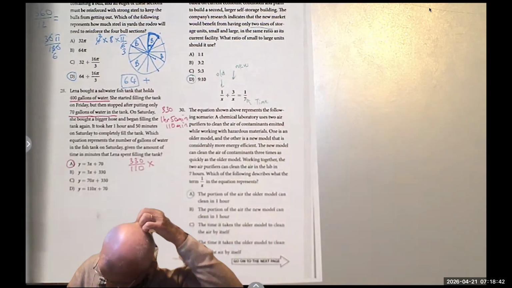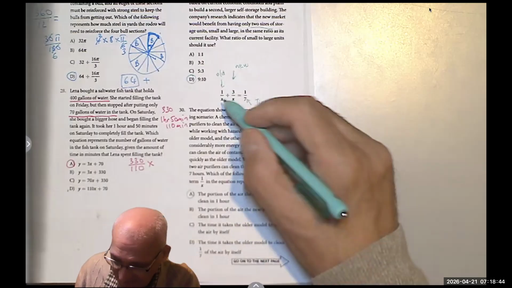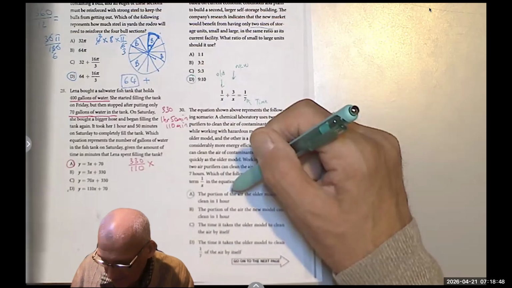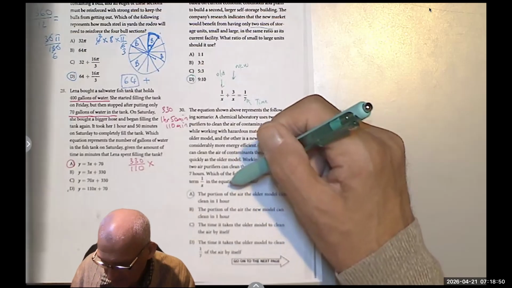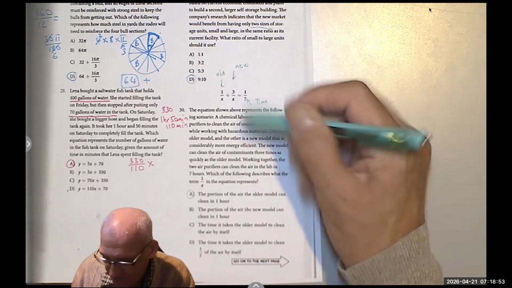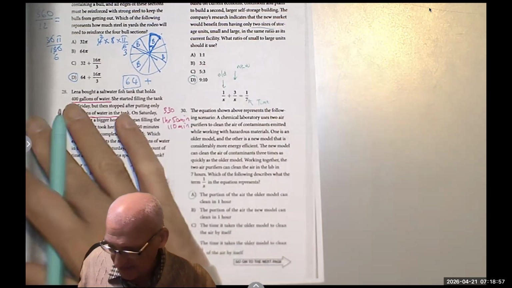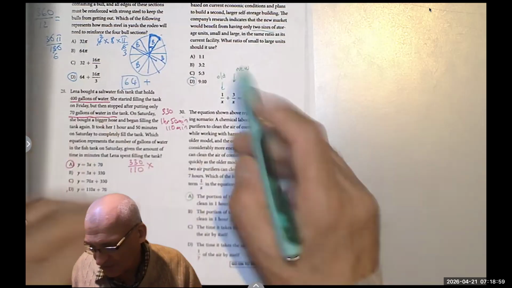Okay. Cleans 1/7. Both of them clean 1/7 in an hour. Okay, and that takes one out of 4, and this is 3 out of 4.